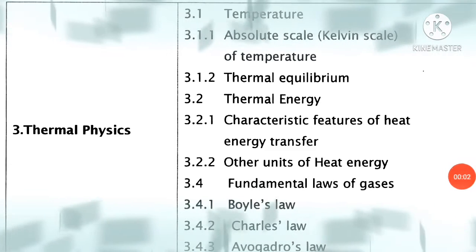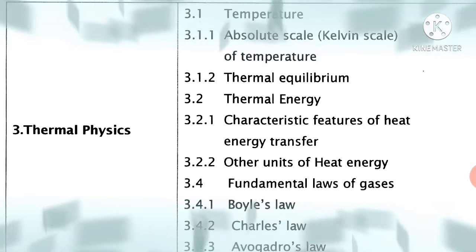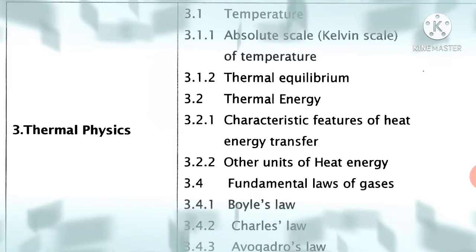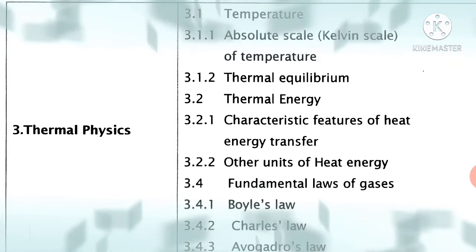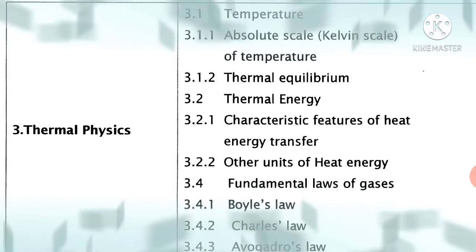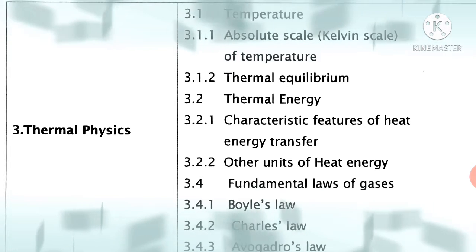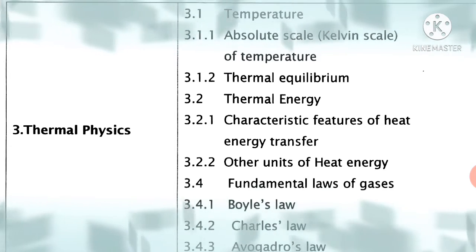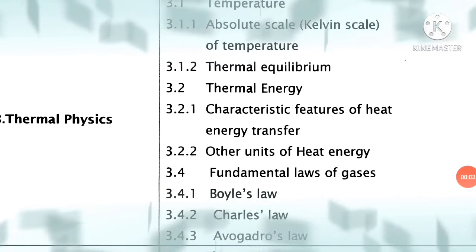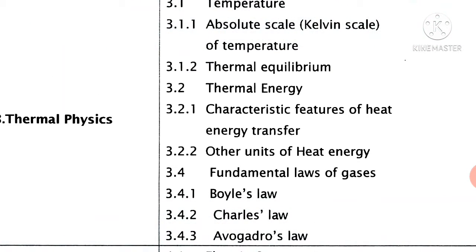Unit 3 Thermal Physics. 3.1 Temperature, 3.1.1 Absolute Scale, Kelvin scale of temperature, 3.1.2 Thermal Equilibrium, 3.2 Thermal Energy, 3.2.1 Characteristic Features of Heat Energy Transfer, 3.2.2 Other Units of Heat Energy, 3.4 Fundamental Laws of Gases, 3.4.1 Boyle's Law, 3.4.2 Charles' Law, 3.4.3 Avogadro's Law.